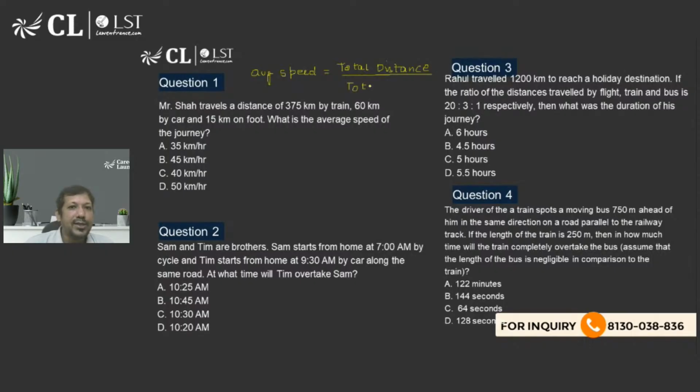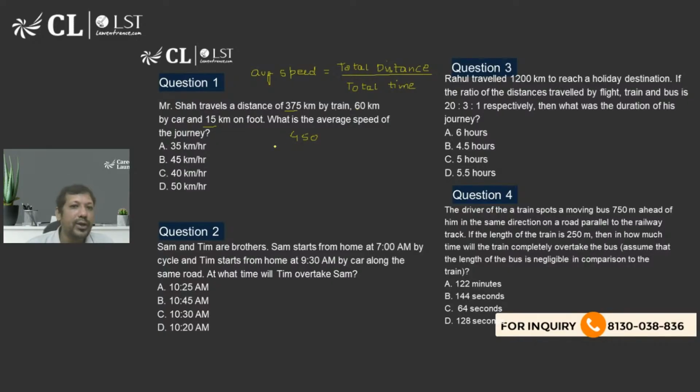Now, what does it say? It says that he traveled 375 kilometers by train, 60 kilometers by car, 15 kilometers on foot. So, what is the total distance he has traveled? 375 plus 15 is 390, 390 plus 60 is 450. So, total distance is 450.